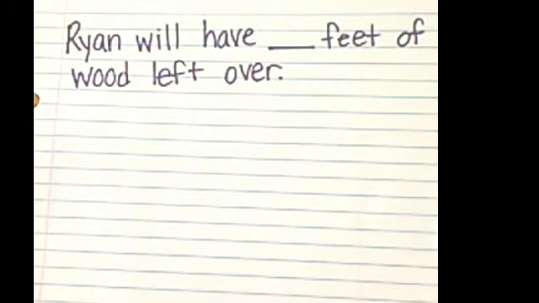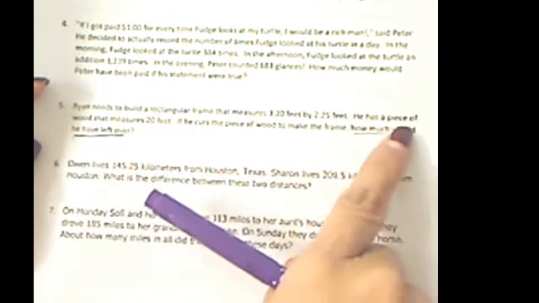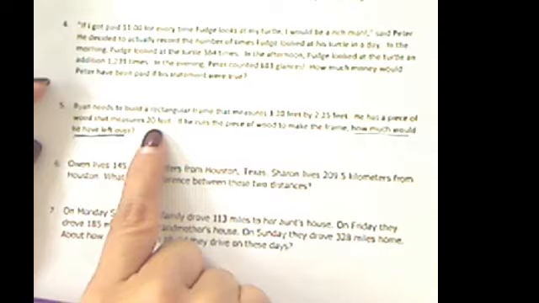Okay. So how much wood does he have? The problem tells us how much wood he has. Can you see it? How much wood did he start out with? He started out with 20 feet. He has a piece of wood that measures 20 feet.